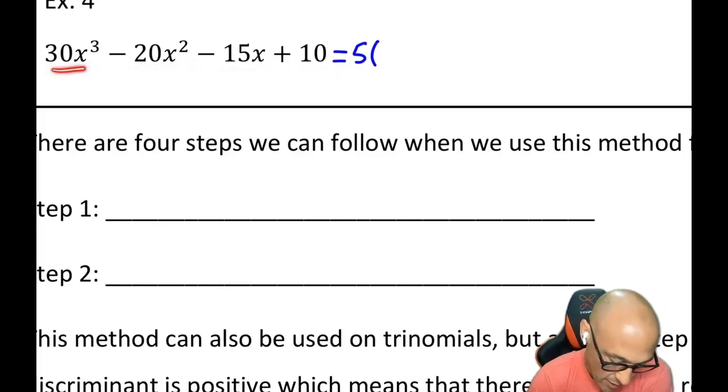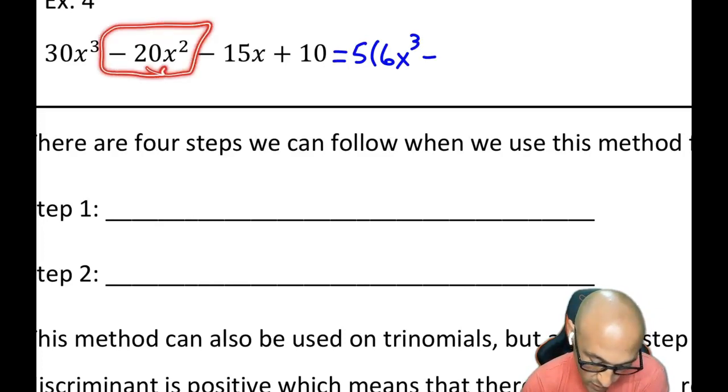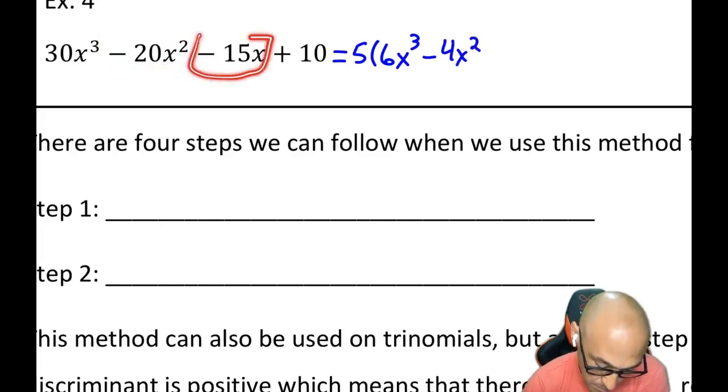So when we factor out 5 of 30x cubed, we get 6x cubed minus 4x squared minus 3x and plus 2.